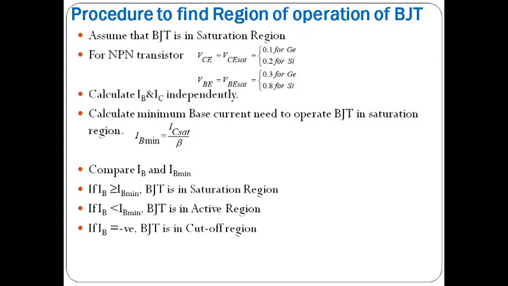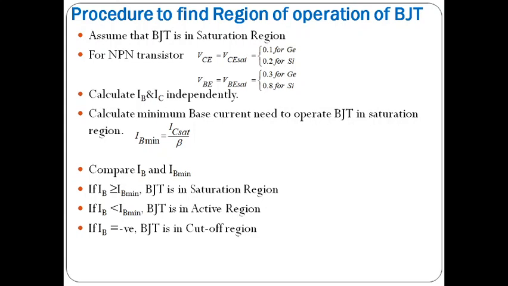Then we calculate the IB and IC values independently, that means base current and collector current. Then calculate the minimum base current needed to operate the BJT in saturation region. That is nothing but IB minimum equals IC sat by beta.